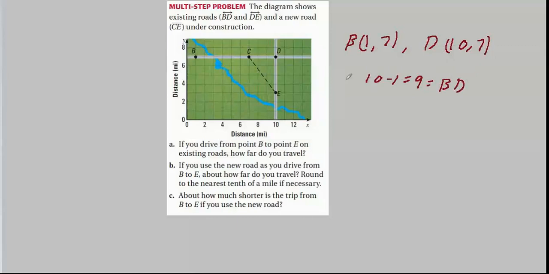I think you can see the sense of that. The y-coordinate here doesn't change, so we just have to subtract the x-coordinates, 10 minus 1. Now here, well, they gave us another nice one. This here point D, as we say, that's 10, 7. And E is the point 10, 3.